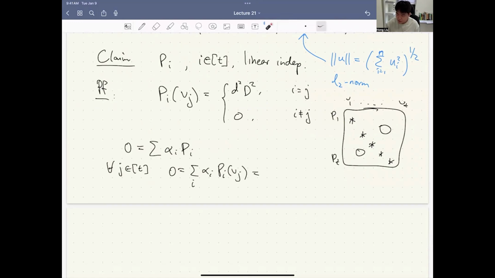As I said, if i is not equal to j, Pi vanishes. So the only term that does not vanish when we plug in vj is for Pj. So you have alpha j Pj of vj. But we know what Pj of vj is: it's non-zero, d squared times D squared. This implies alpha j equals 0. So all the alphas must be 0. They are linearly independent.